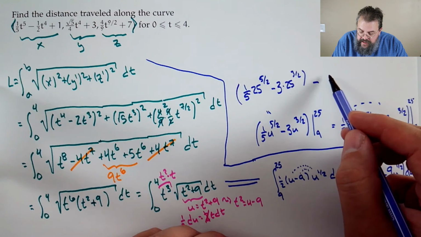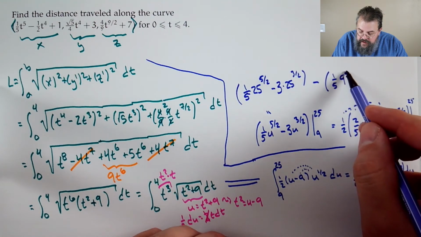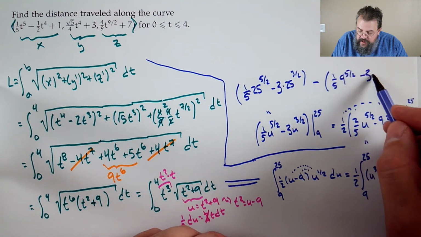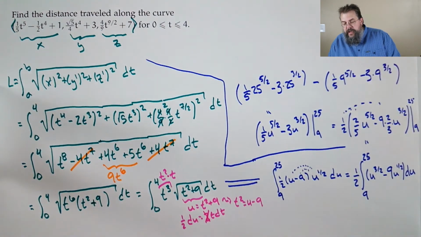And then we're going to subtract 1/5 times 9 to the 5/2 and subtract 3 times 9 to the 3/2. Okay. At this point, if you wanted to stop, I wouldn't blame you, and we probably could stop here. But I'm just going to poke it just a little bit more because I like to live dangerously.